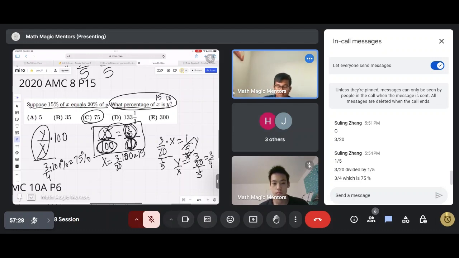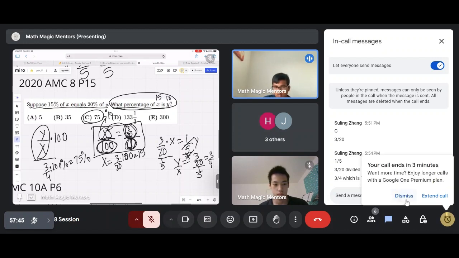That's the percent. So 15 over 100 is basically 3 over 20 out of 1. So that's why you multiply 3 over 20 by 100 to get 15%.